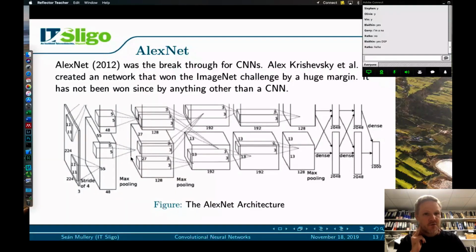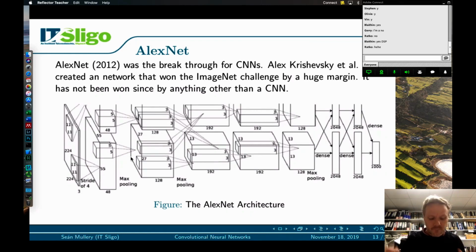So AlexNet in 2012 was a breakthrough convolutional neural network, by Alex Krizhevsky et al. He created a network that won the ImageNet challenge by a huge margin. This was the first time that a convolutional neural network had won the ImageNet challenge. I don't know if it was the first time they tried it, but it was the first time they'd really got it working, and it won by such a significant margin that nobody's ever won the ImageNet challenge without using a convolutional neural network.